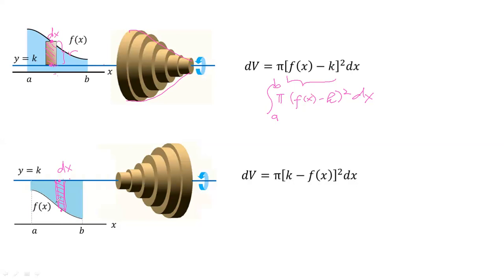Ang unang requirement, differential area should be perpendicular to the axis and is attached to it. Okay, para solid siya, wala siya sang buslot, wala siya sang hollow nga part. So what is this length here? That would be your k minus f of x. Since it's pi r squared, it's squared here. Then dx. Then you also have this limits of integration a to b because you have dx.